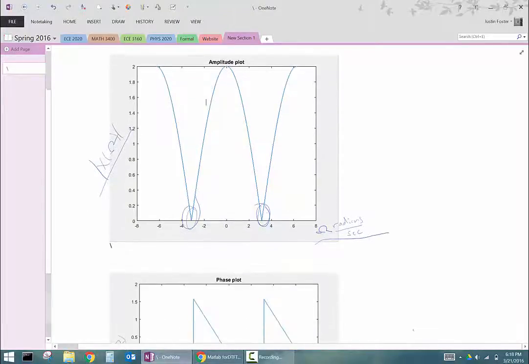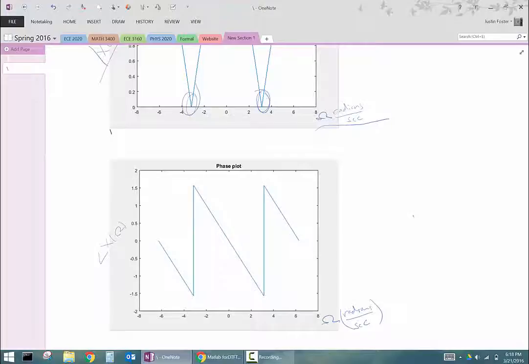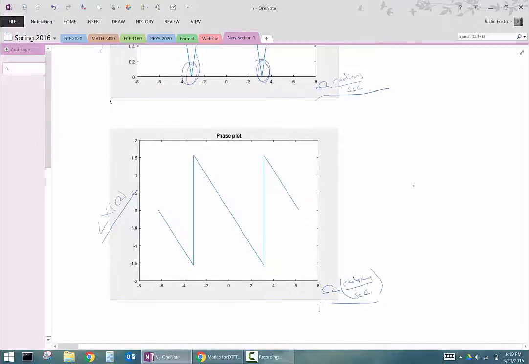Now let's move on to the phase. The phase, as many of you might know from classes like Circuits 2 and Signals 1 with Belkacemi, good luck if you had him, has to do with the delay of the system.